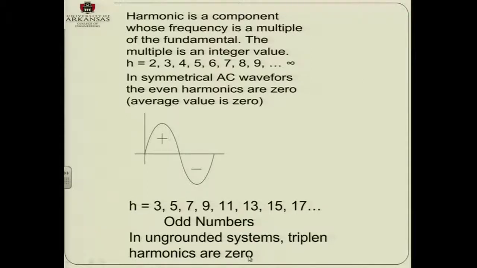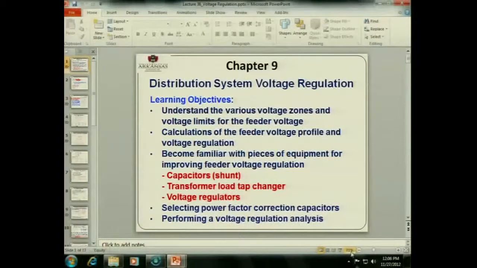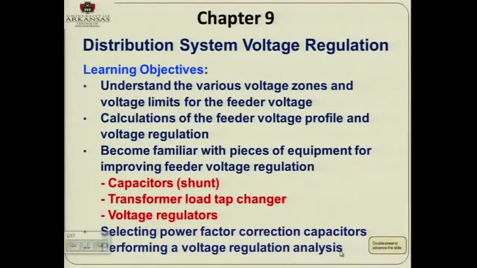Because when you place capacitors, what is the impedance of a capacitor? 1 divided by omega C. Let's assume that the capacitance stays constant. It's not a function of frequency.